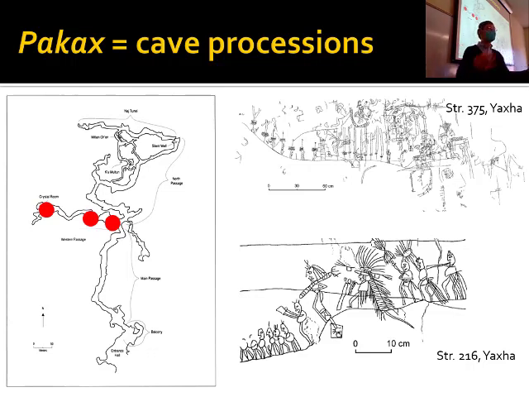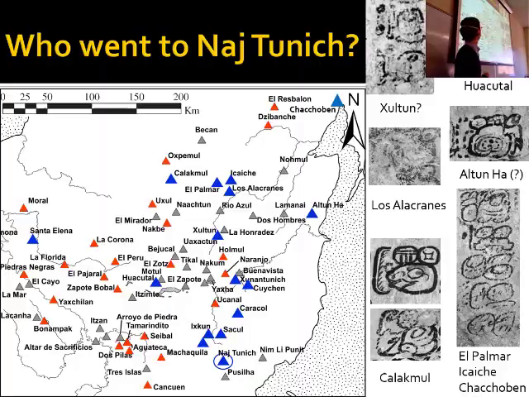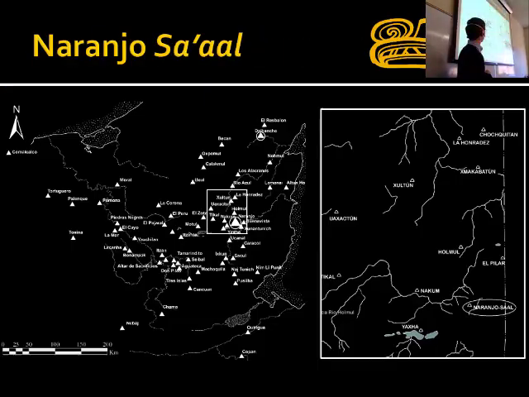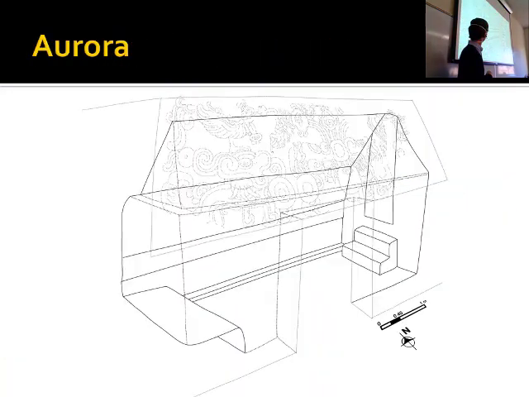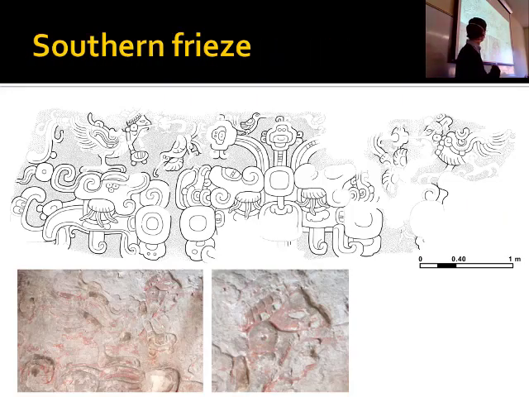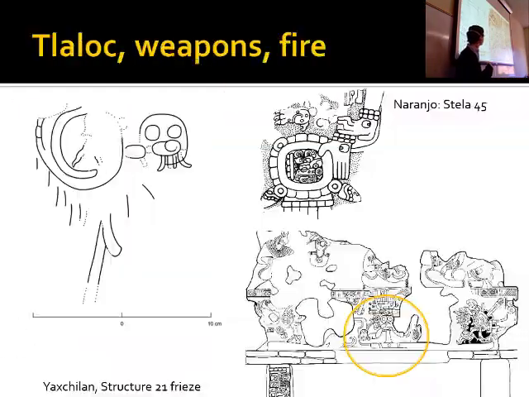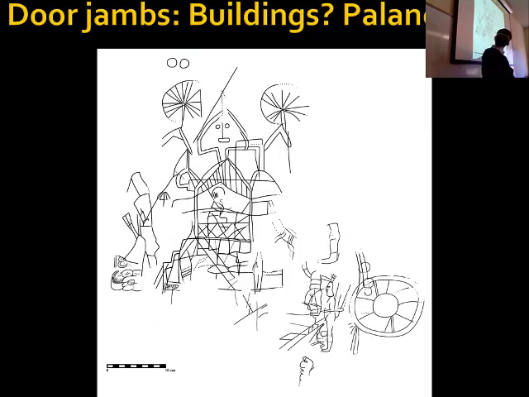And we haven't seen them much except on the palace door jambs at Naranjo. We've seen something similar there as well. Like those. So it's kind of interesting how some things seem to overlap.